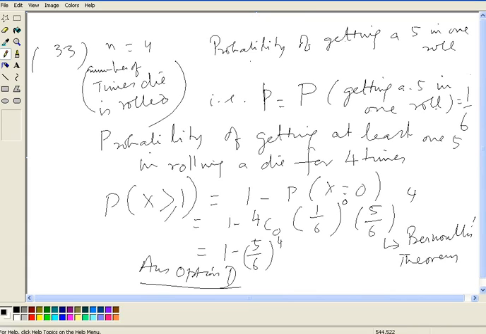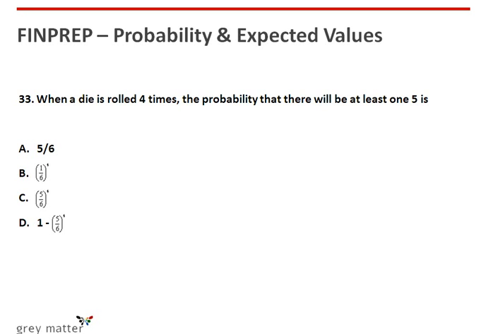When you subtract from the total probability, you get at least one 5 when you roll it 4 times. So the answer is 1 minus 5 by 6 whole power 4, or the option is D. Going to our PowerPoint presentation, it is D option, which says 1 minus 5 by 6 whole power 4.